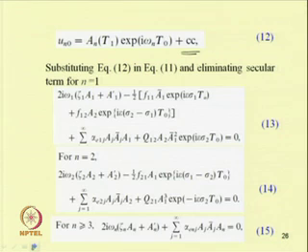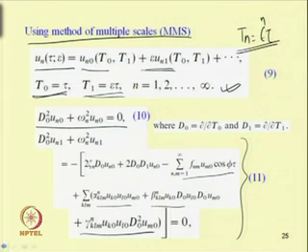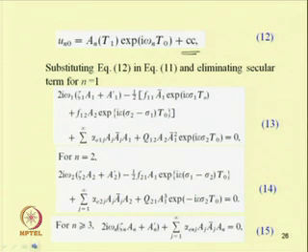We can have some terms which are known as secular or near secular terms. As we know, these terms will lead to an infinite response while the system has a definite response, so we have to eliminate these secular terms. Now, eliminating these secular terms, for n equal to 1 we can write this equation.